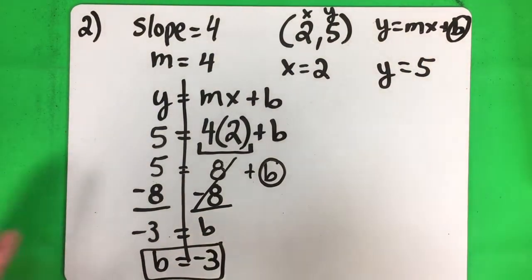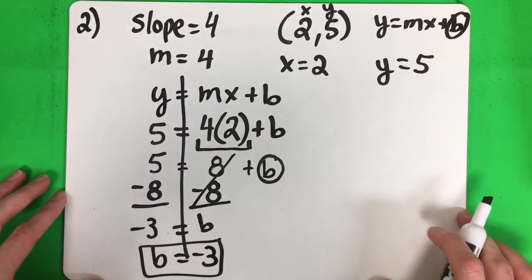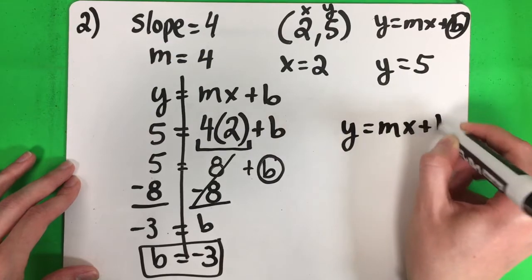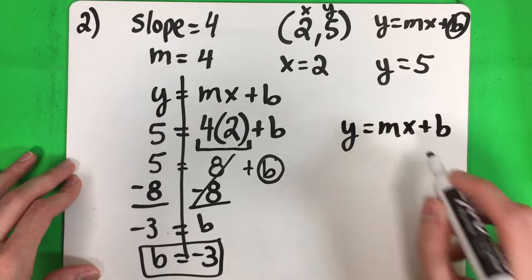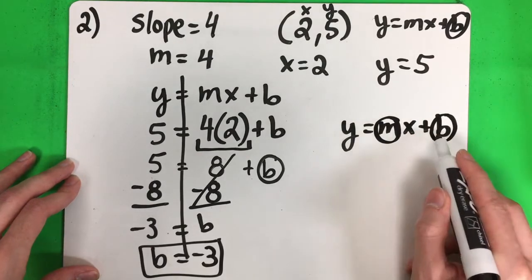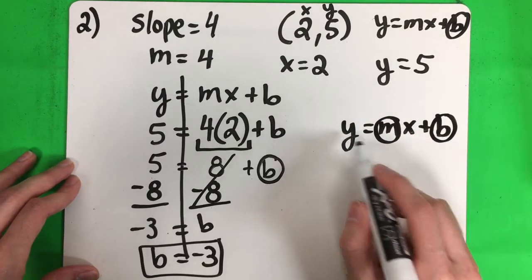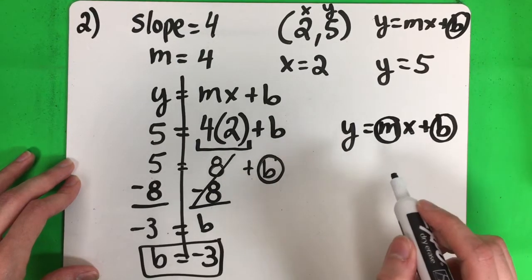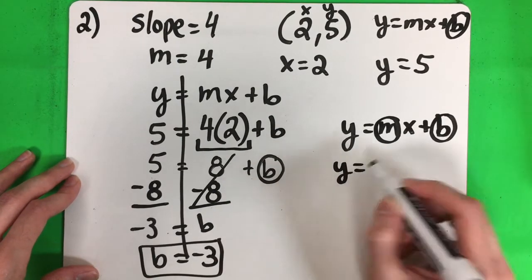But I'm not finished. Now I need to put in the equation y equals mx plus b. Now, in this equation, m and b are numbers. M y b son números. Y and x are letters. La y y el x son letras. So y equals m.